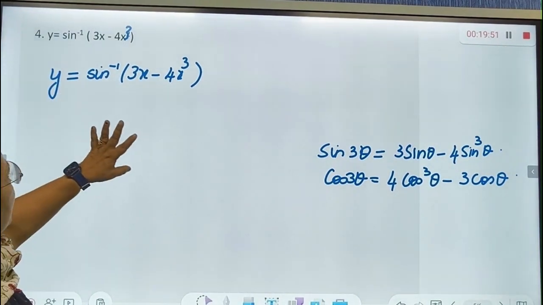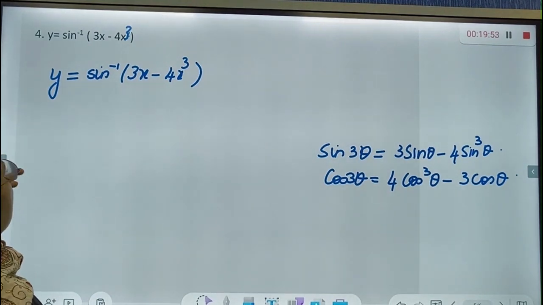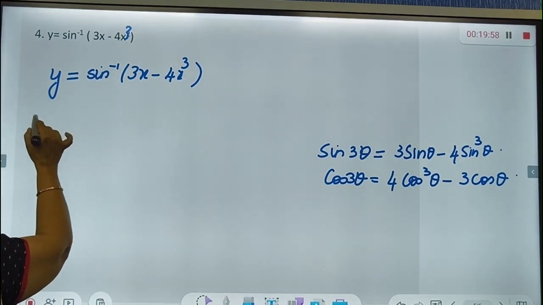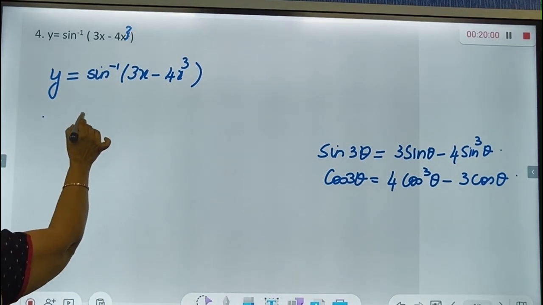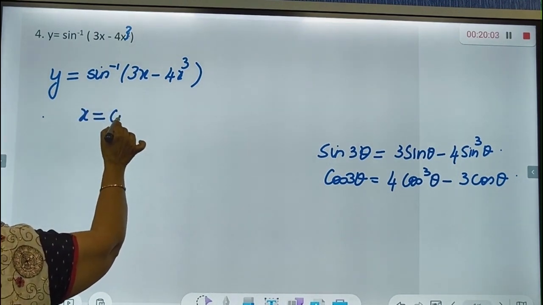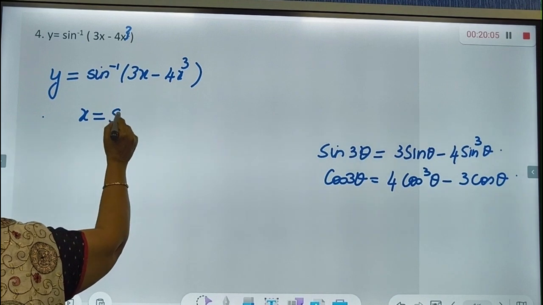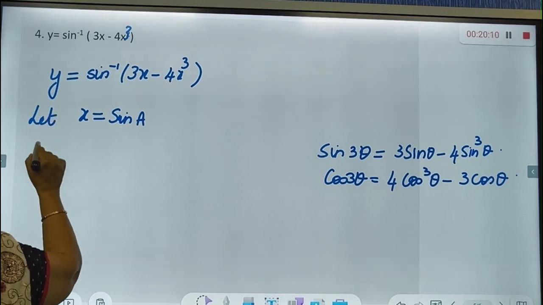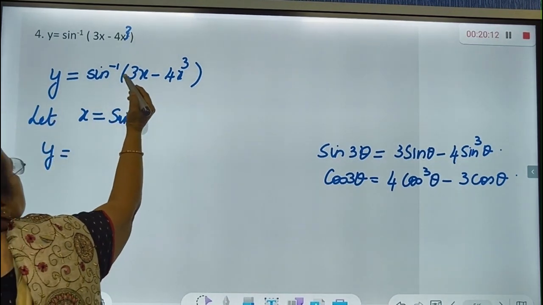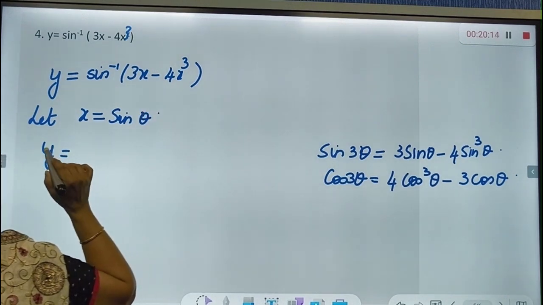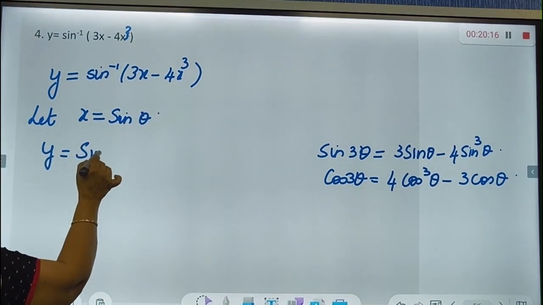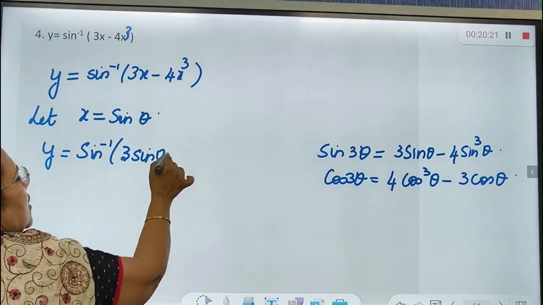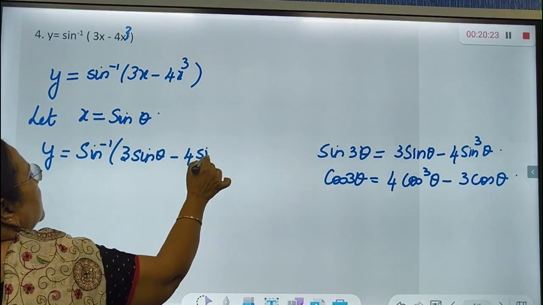Now here nothing is mentioned about the domain, so we can just use the very obvious substitution. Let x be sin theta. I can use theta so that you understand it is an angle. Then y will be sine inverse of 3 sine theta minus 4 sine cube theta.